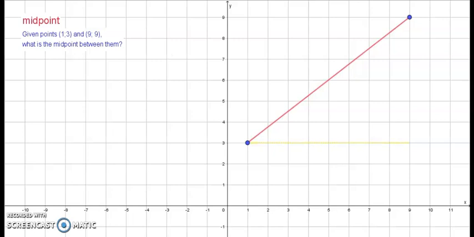So I'm just going to outline those. This horizontal component is 8, and if I half that, I get 4. So my midpoint is going to have an x-coordinate of 5. And this vertical component here is 6 units, so halfway through that will be 3.